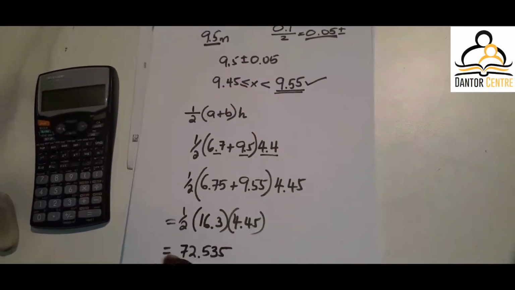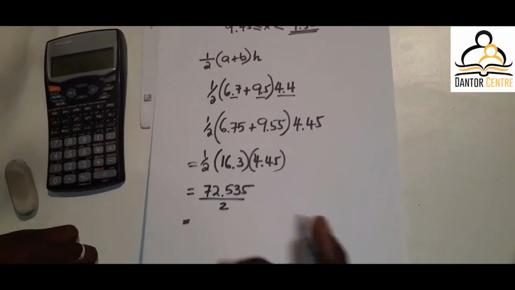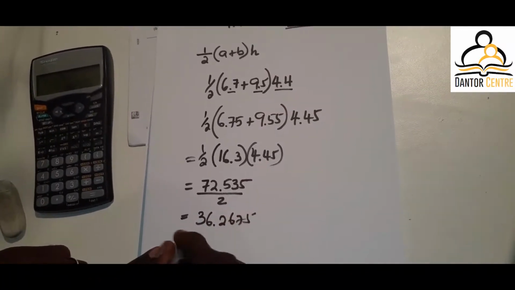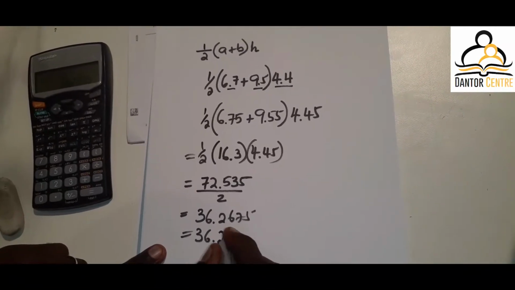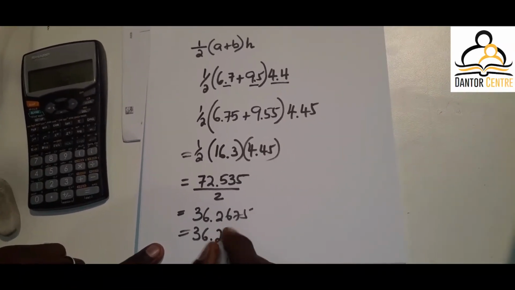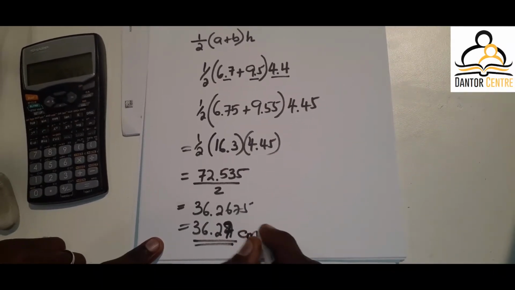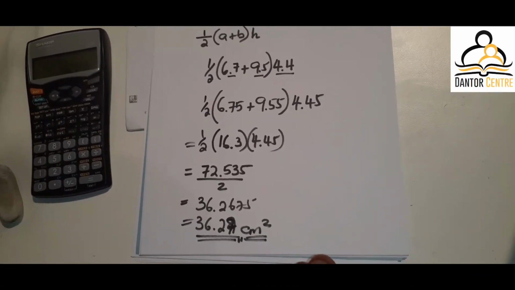Remember, we're going to multiply by this half, which is divided by 2. So we're going to divide that by 2, and we get 36.2675. We put it to two decimal places, 36.27 centimeters squared. That will be the upper bound area. Thank you very much, Priscilla, for the question.